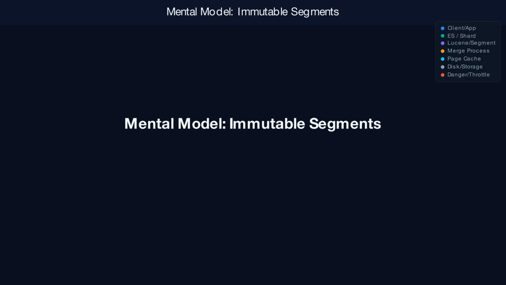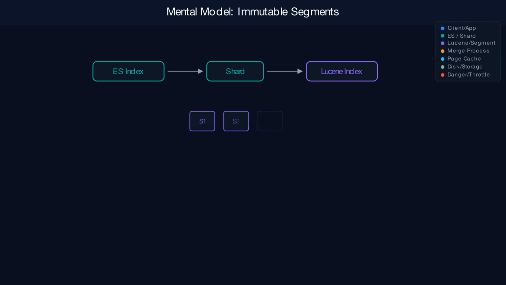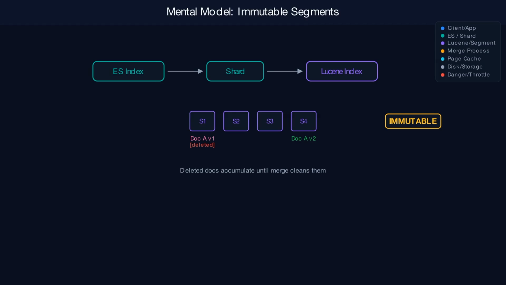In Elasticsearch, a shard is a Lucene index, and a Lucene index is made of immutable segments. Immutable means once a segment is written, Lucene does not edit it in place. If a document is updated, Lucene writes a new version into a new segment and marks the old one as deleted.